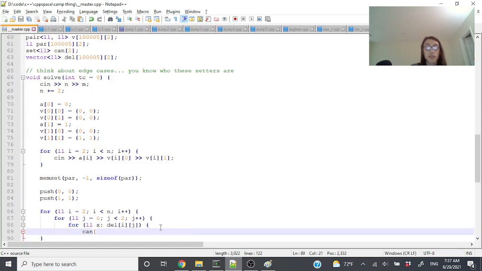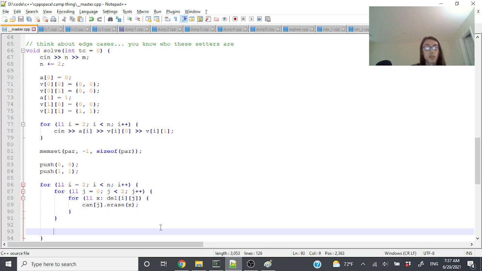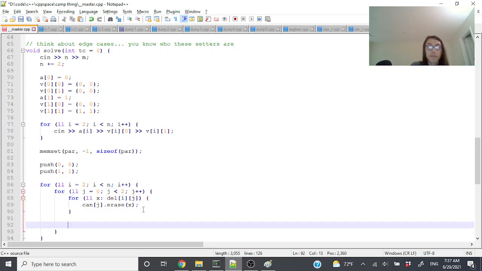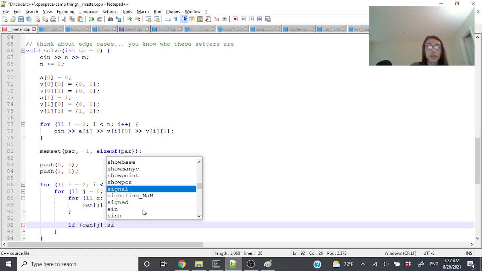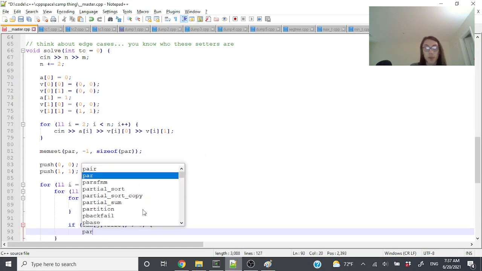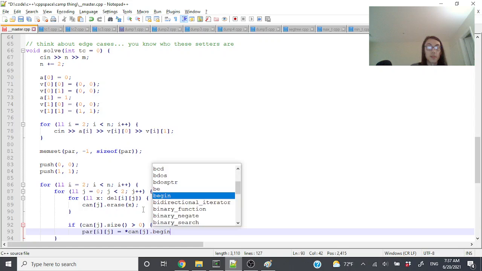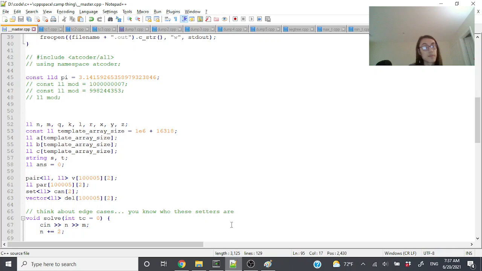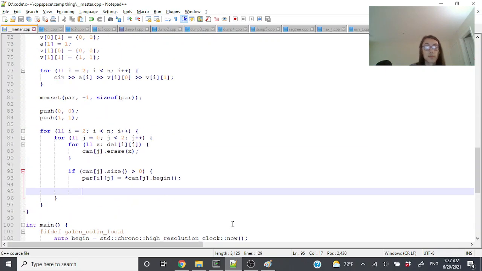Then can J dot erase I. No. X. So if can J dot size is greater than 0, then par IJ is equal to any element from this set. This is the possible candidates for parents, and then push IJ.